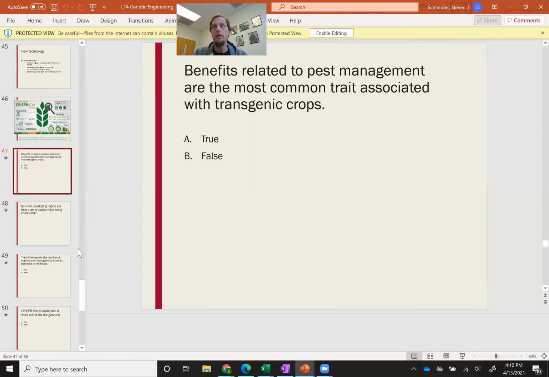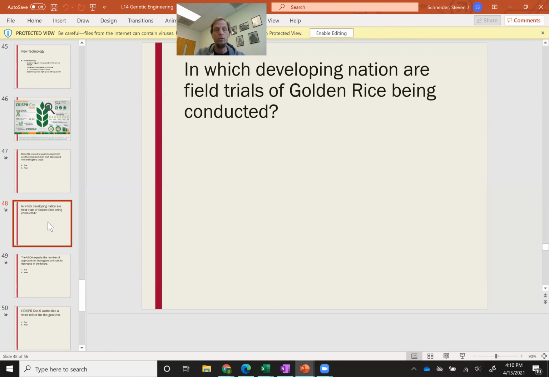And if you can help plants to fight for themselves, I mean, no different than trying to give a human their medication to alter those cancer cells, right? Or other arthritic cells. Well, we want to help the plant with medication in the way of gene therapy. So benefits related to pest management are the most common trait associated with transgenic crops. Yes. After that, it would come components of yield.